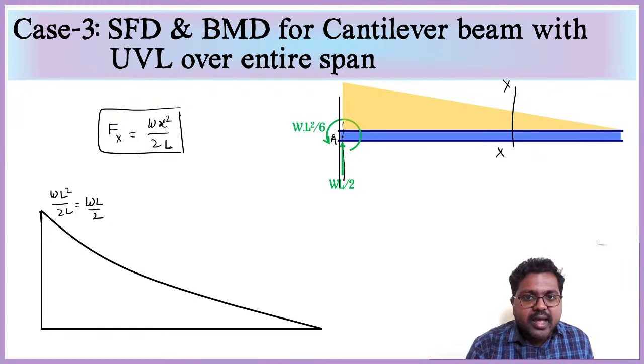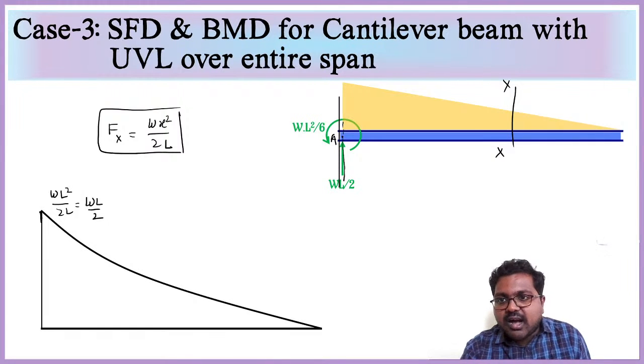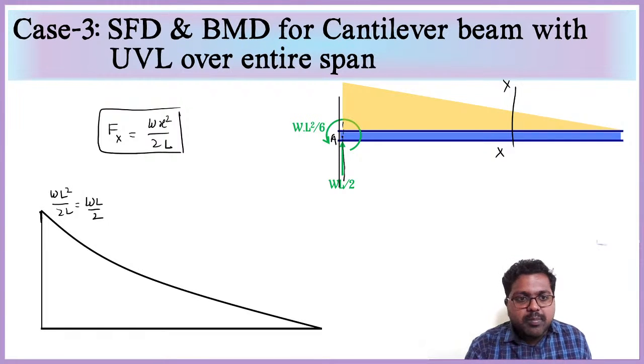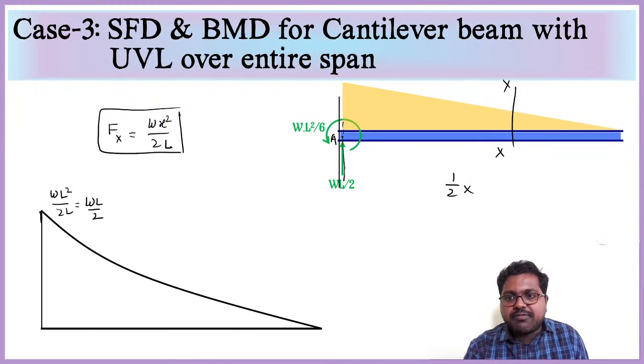Why? Because the intensity of this entire load will be equal to the reaction force. This is the entire intensity, half into L, that is half base into height, that is WL by 2.